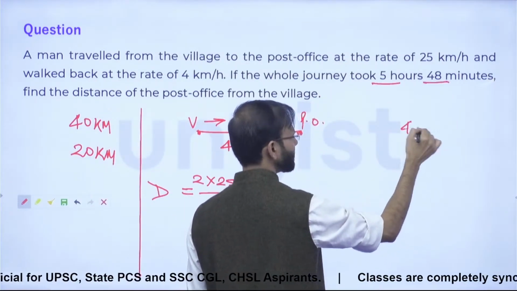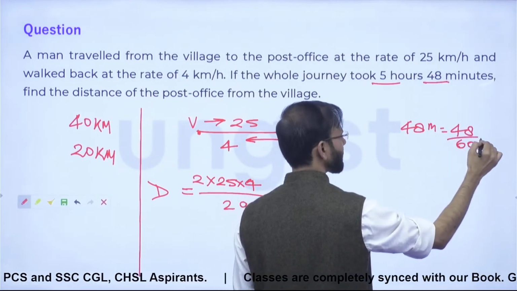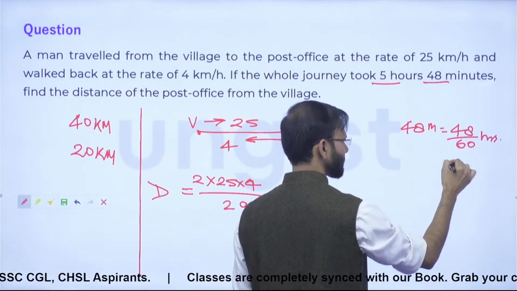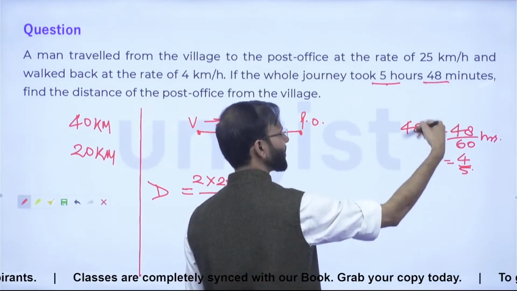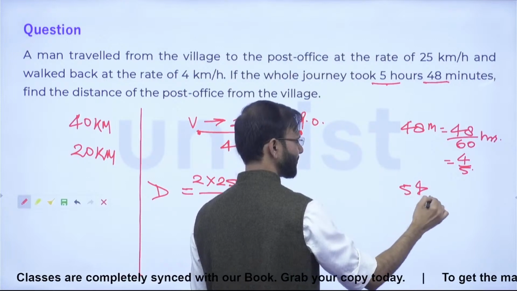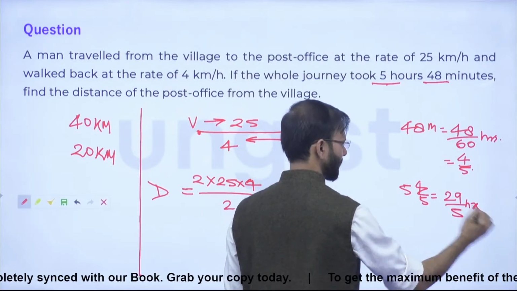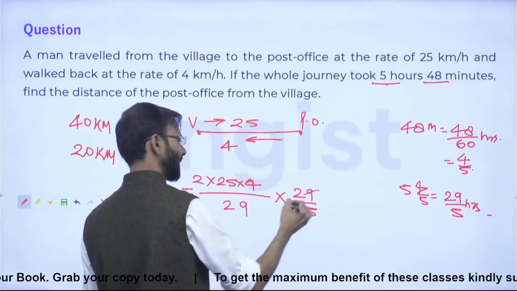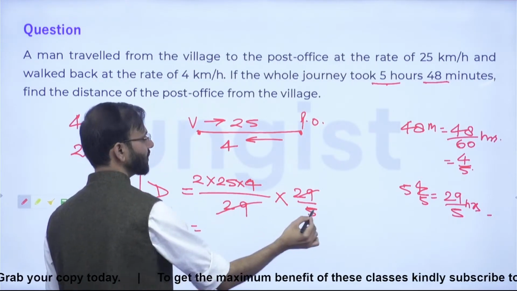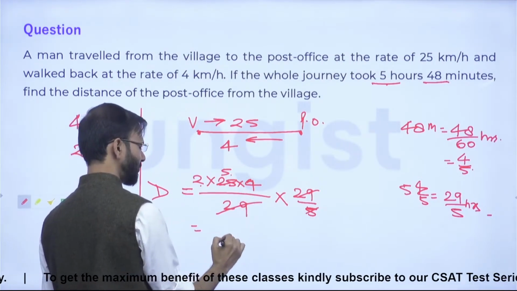So 48 minutes is equal to 48 by 60 hours. Right? So this is 4 by 5. So 5 hours and 4 by 5 hours more, which is 29 by 5 hours. Everybody okay? 29 cancelled, so this is 5. 2 into 5 is 10. 10 into 4 is 40.